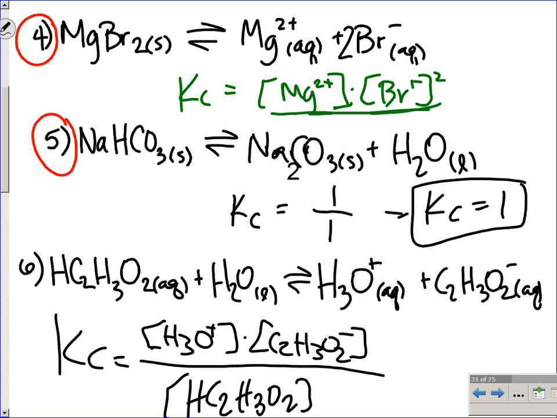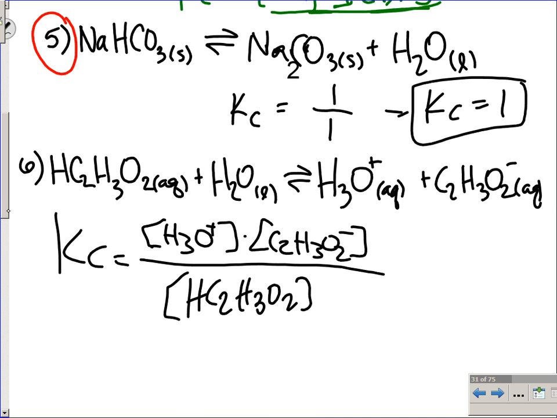This is a solid, and we see aqueous, so we're assuming it's being put into aqueous solution, water. And what's happening to the ionic compound? It's dissolving and ionizing, right? So those products are indicative of an ionization process, which is called the solubility product. It's just what is coming from the solubility of this solid right here.